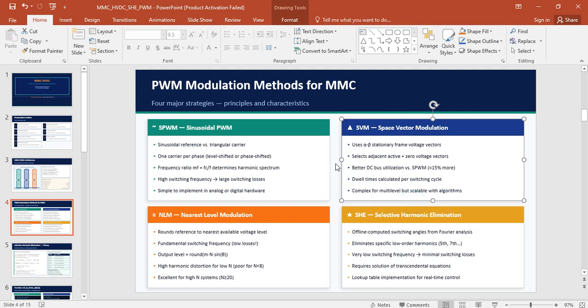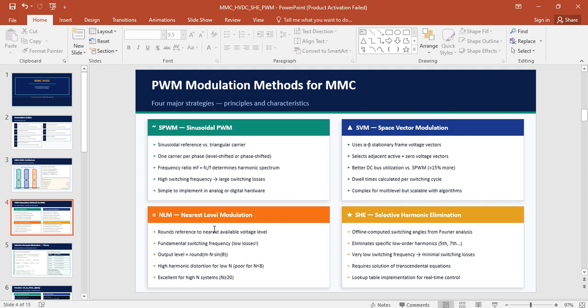So when it comes to a high number of submodules, the space vector becomes very complex, whereas NLM is the favorite. It's easily scalable, but when it comes to a low number of submodules, such as in our case 8 or less than 8, it gives very poor harmonic distortion.